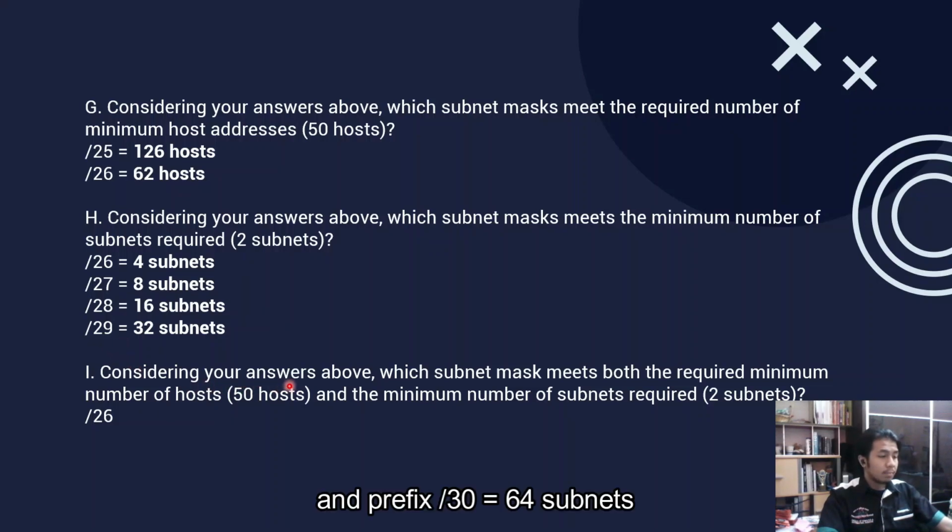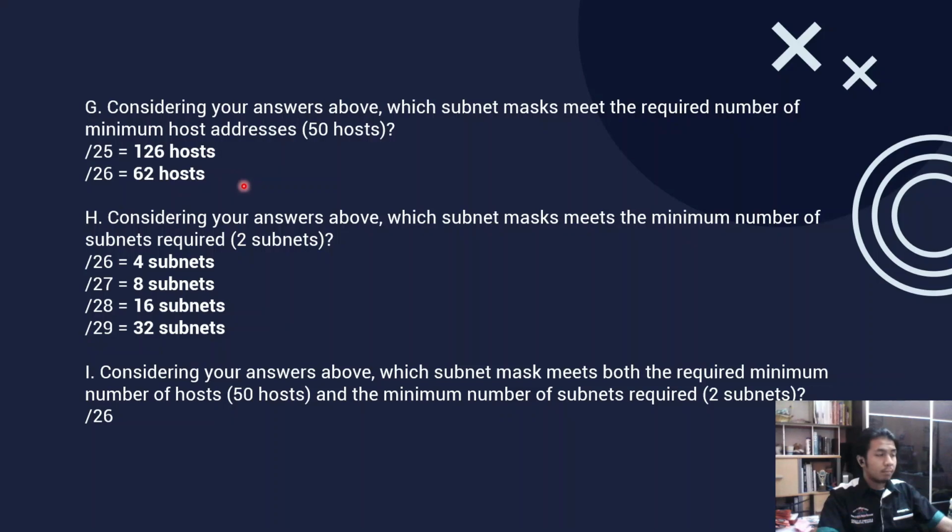Considering your answers above, which subnet mask meets both the required minimum number of hosts, 50 hosts, and the minimum number of subnets required, which is 2 subnets?